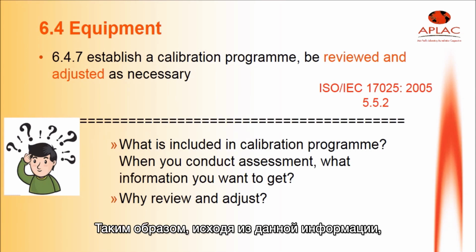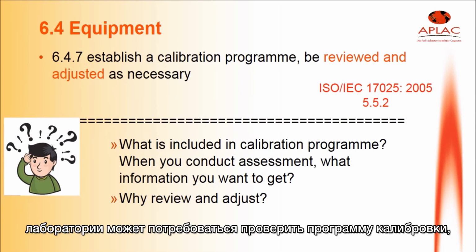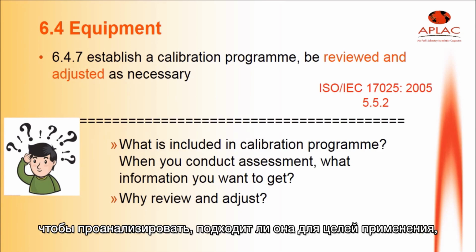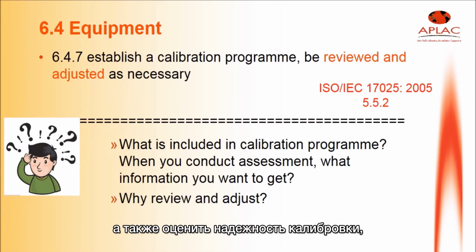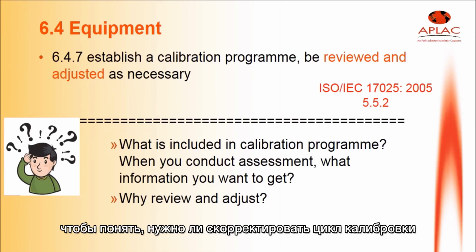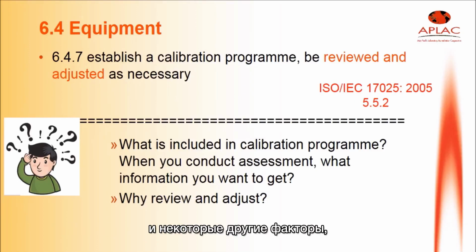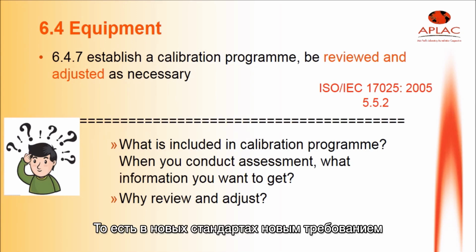So based on that information, the laboratory may need to review the calibration program to analyze whether it is suitable for the application purpose, and also to evaluate the stability of the calibration to see whether it needs to adjust the calibration cycle and some other factors included in the calibration program. So in the new standard, the new requirement is that the calibration program needs to be reviewed and adjusted as necessary.